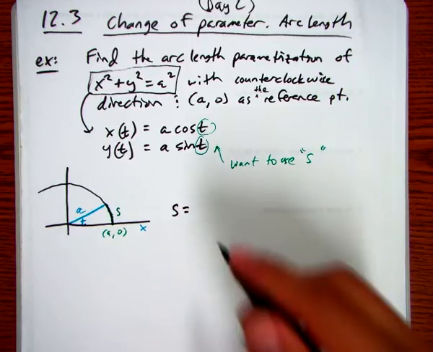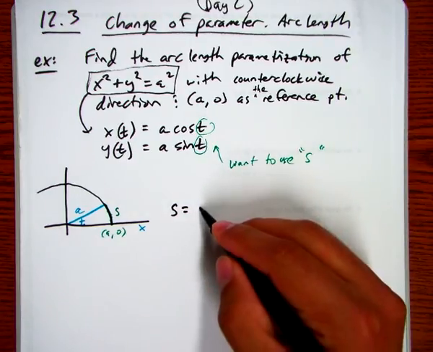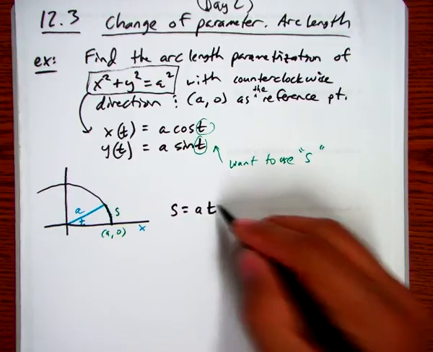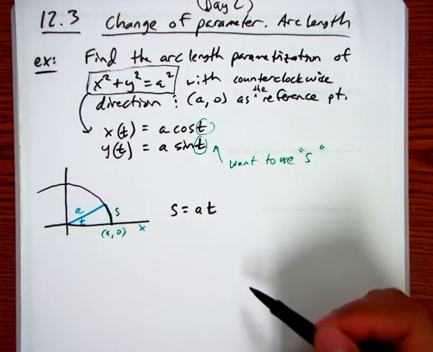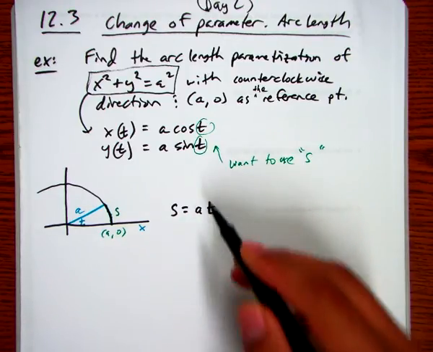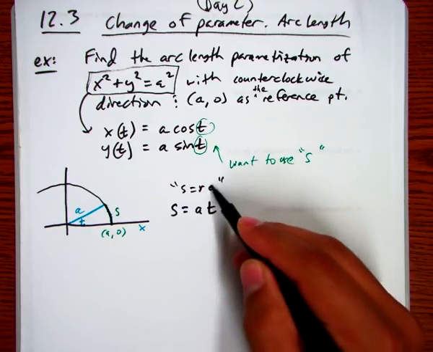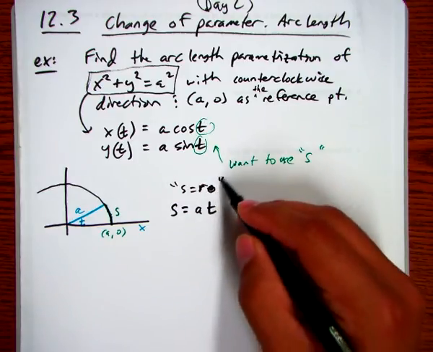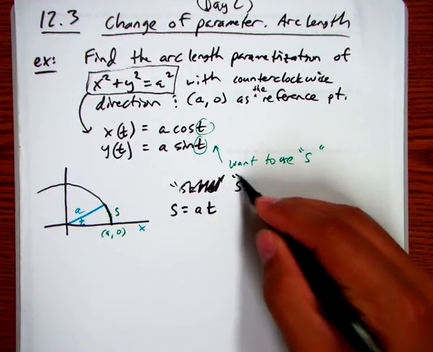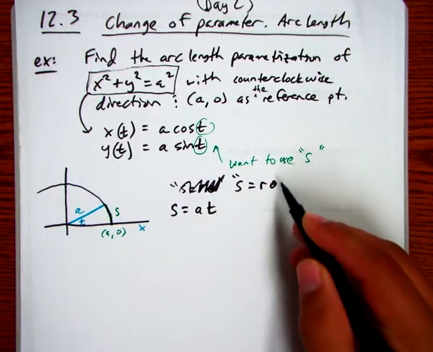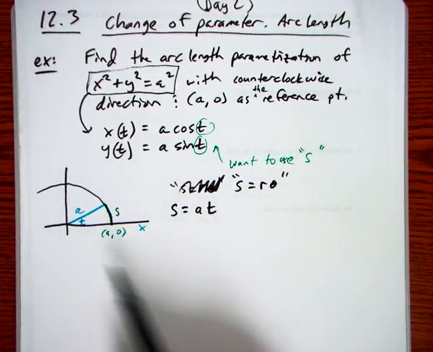Yeah, that's exactly right. Good. So, you probably saw it as S equals R theta. Let's try that again. S equals R theta is what you're used to. Here we're just using the correct variables, okay?